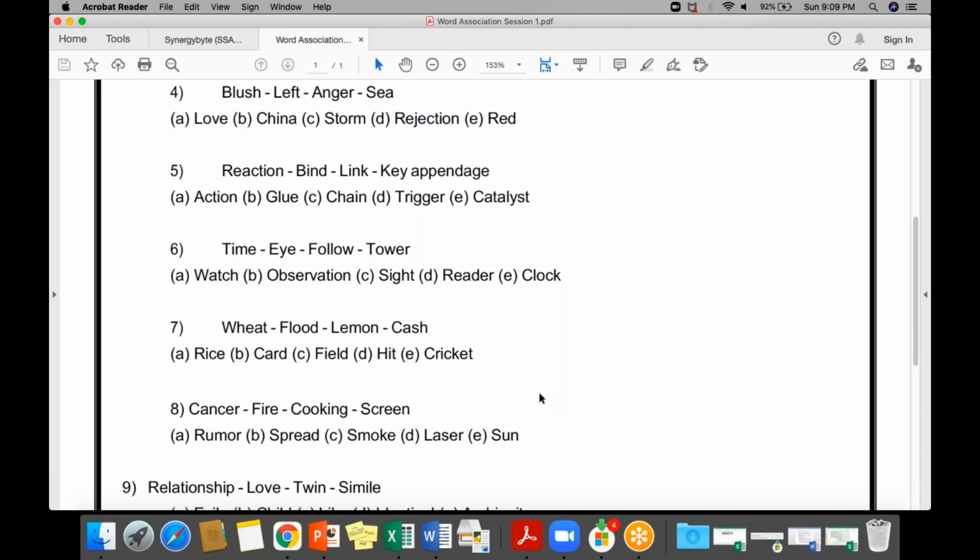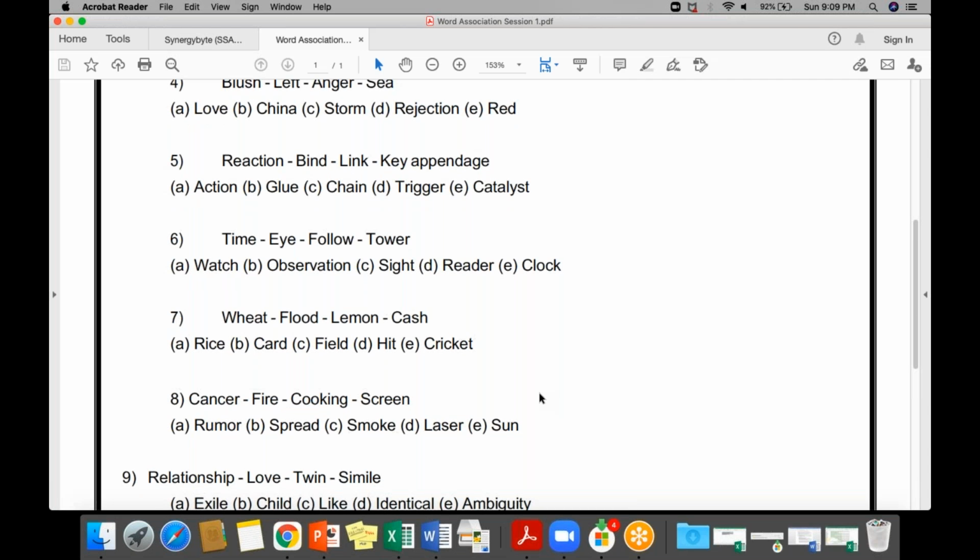Right. So we have smoke screen. So smoke is the word which is going to go with all the four words, that is cancer, fire, cooking, and screen. That's my correct answer.